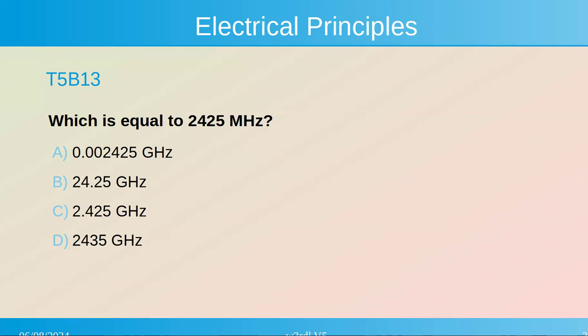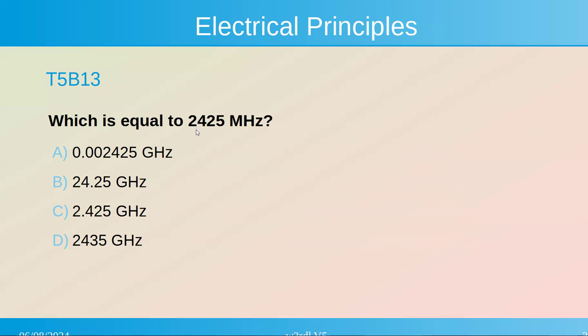Move the decimal point 3 places to the left, same as dividing by 1,000.